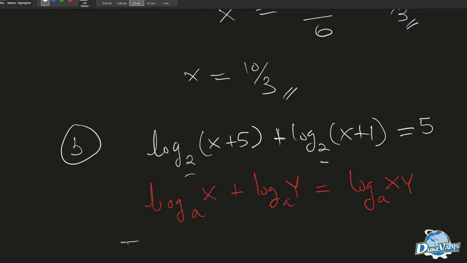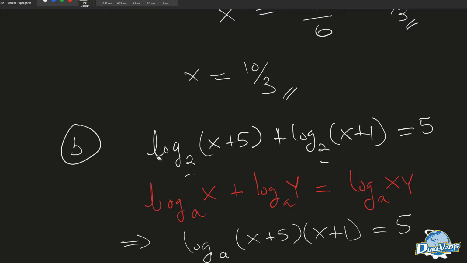Because of this, we are going to get log to the base 2 of (x plus 5)(x plus 1) equals what? 5. Friends, we know this. Our base given was 2, so when we put the 2 back there, this is what we have.